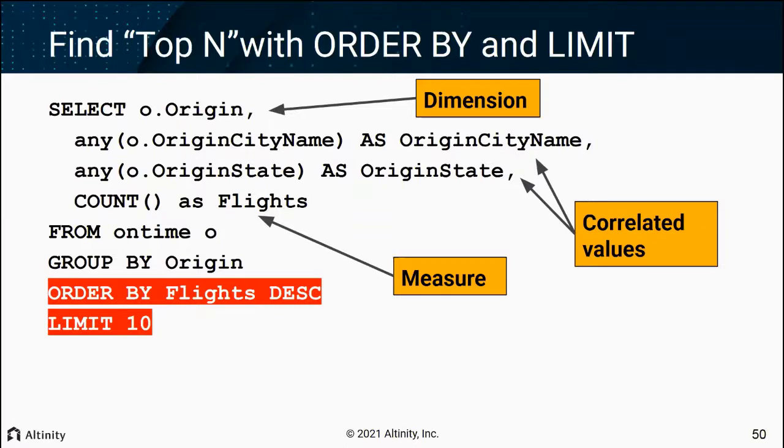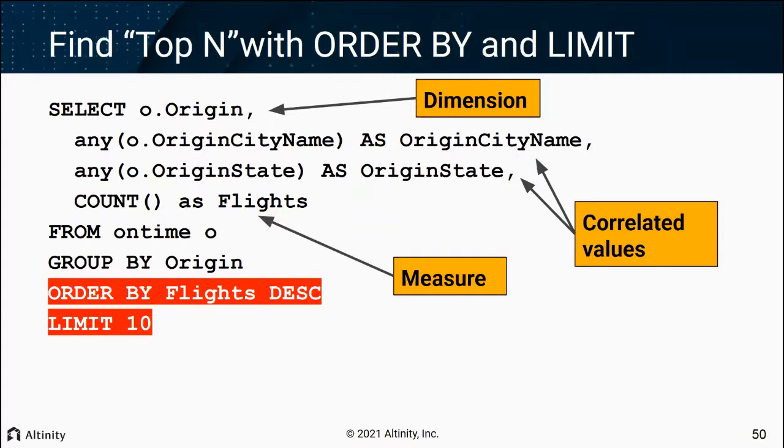You do a select, group by one or more dimensions, then order by one of your measures, for example flights, and limit it. We can order the rows that come back by flights in descending order, so the biggest ones come back first, and then we put a limit on it. This gives you the top 10 busiest airports by departure.